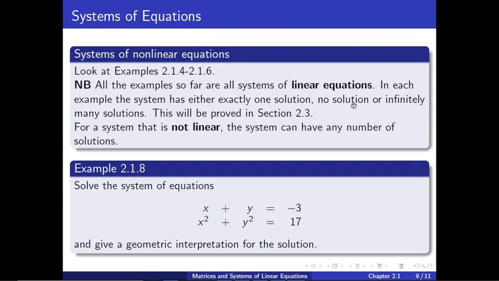This is actually a theorem for systems of linear equations, that these are the only options that you have for a system, right? So go and look at examples 2.1.4 up to 2.1.6, where the systems are in higher dimensions.